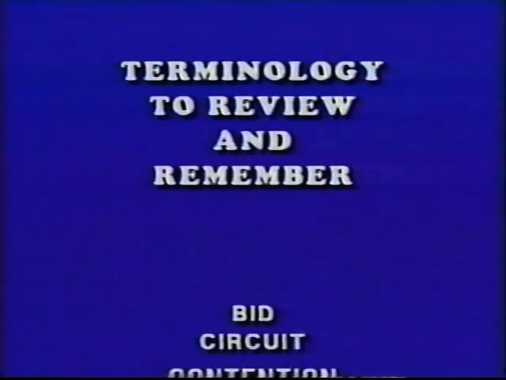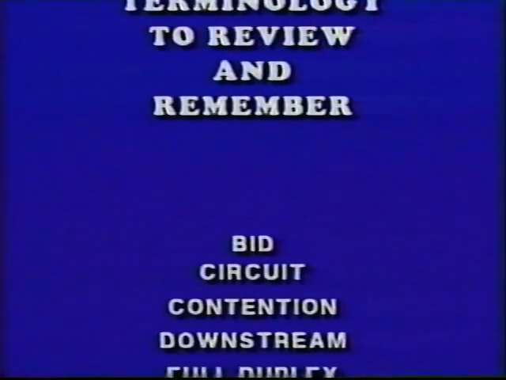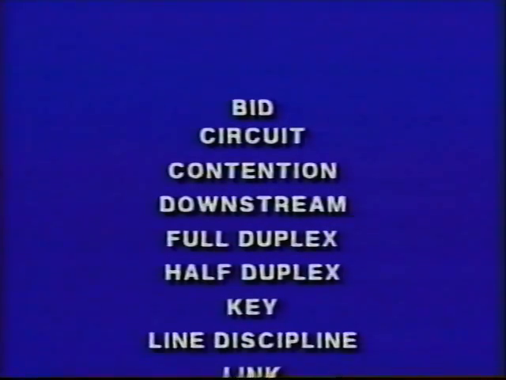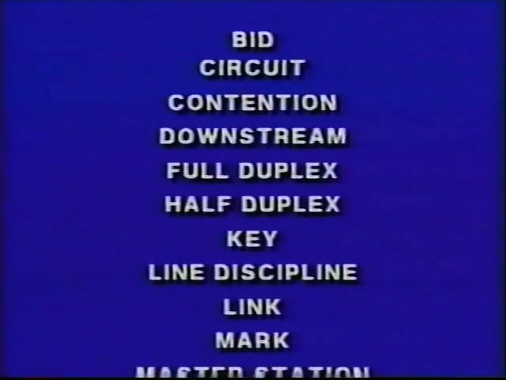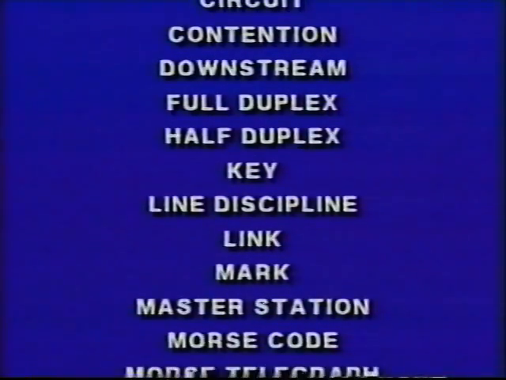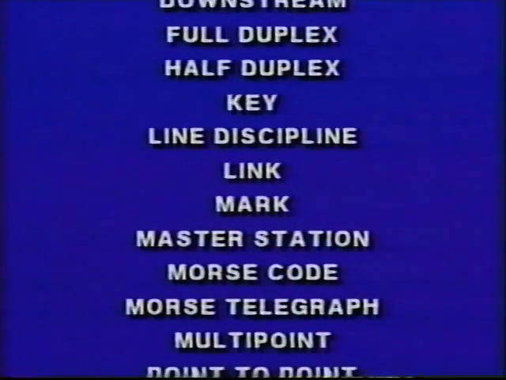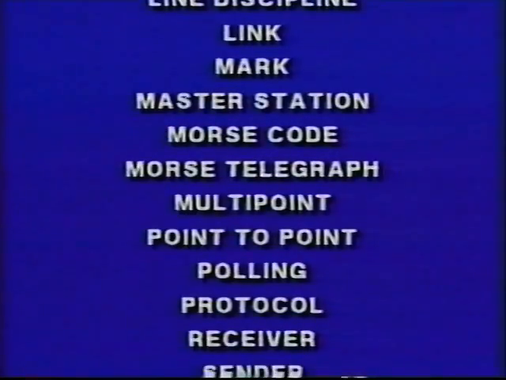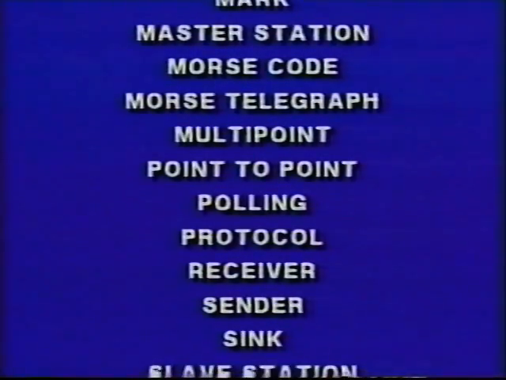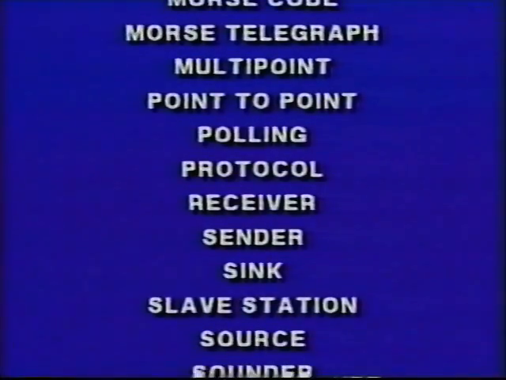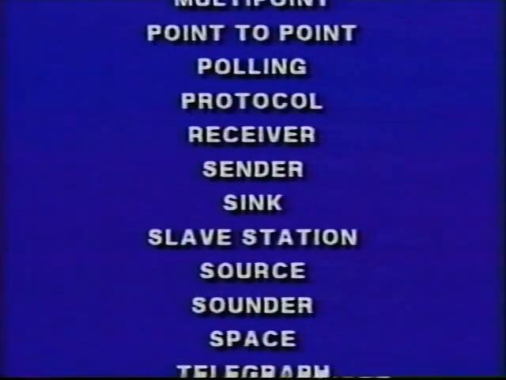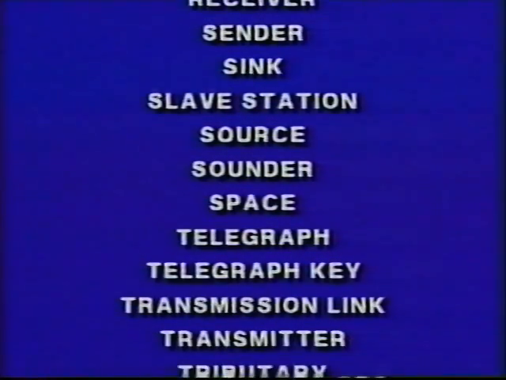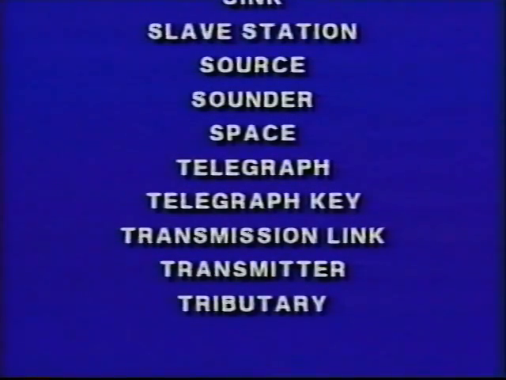Bid, circuit, contention, downstream, full duplex, half duplex, key, line discipline, link, mark, master station, Morse code, Morse telegraph, multipoint, point-to-point, polling, protocol, receiver, sender, sync, slave station, source, sounder, space, telegraph, telegraph key, transmission link, transmitter, and tributary.